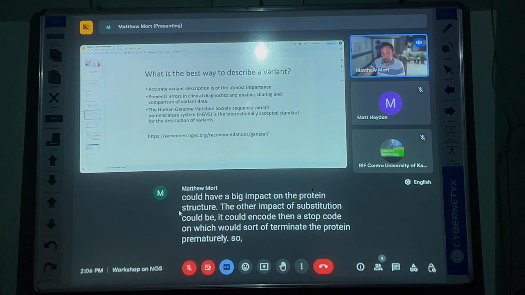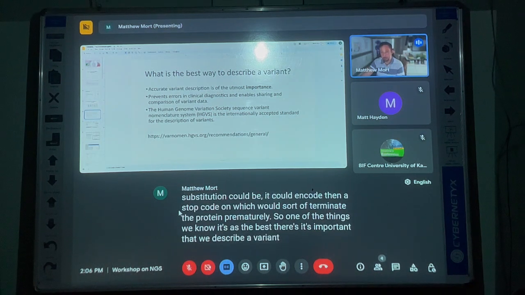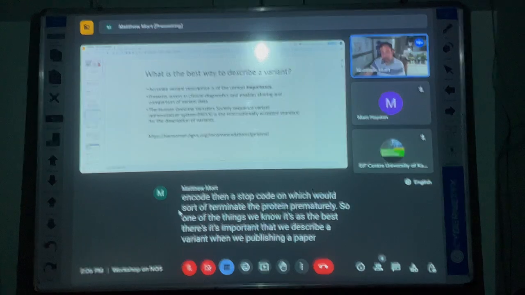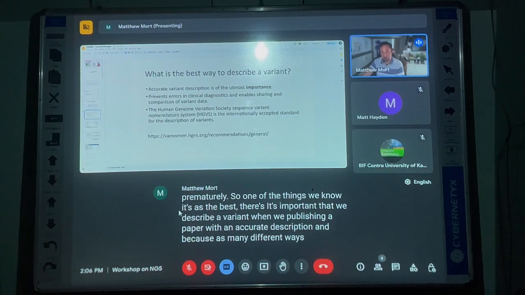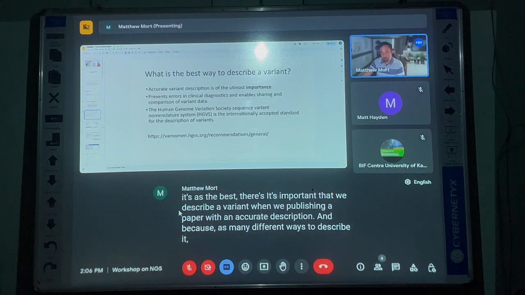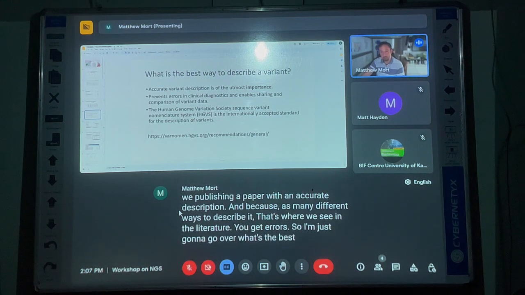One of the things we notice is it's important that we describe a variant accurately when we're publishing a paper. Because there are many different ways to describe it, that's where we see errors in the literature. So I'm going to go over the best way to describe a variant.